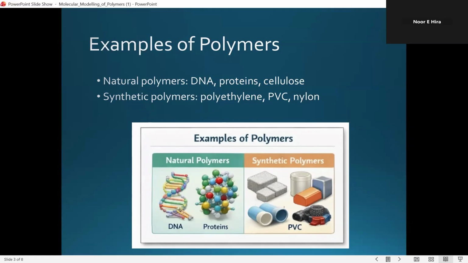But synthetic polymers are man-made materials such as polyethylene, PVC, and nylon. These are widely used in packaging, construction, and textiles. Despite their different origins, both natural and synthetic polymers follow the same fundamental principles of chemistry, which makes them ideal candidates for molecular modeling.